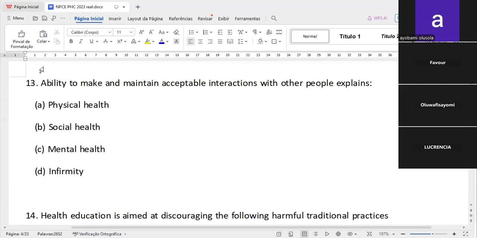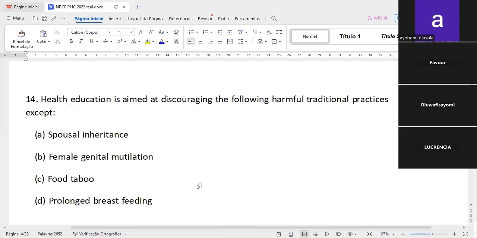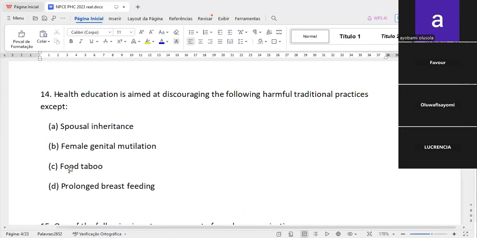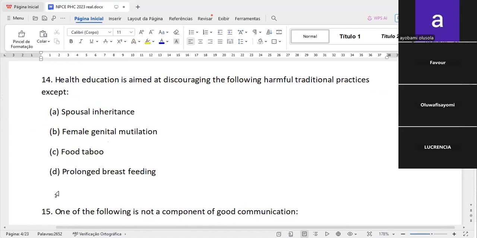Ability to make and maintain acceptable interactions with other people explains social health. Correct, B. Health education is aimed at discouraging the following harmful traditional practices except prolonged breastfeeding.